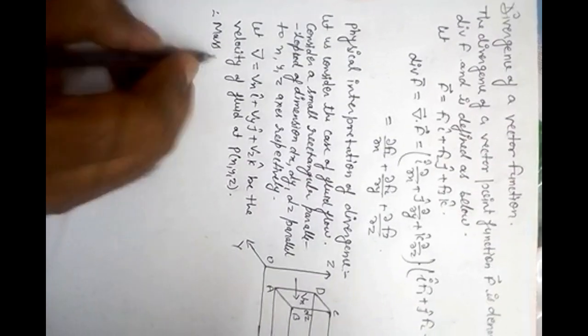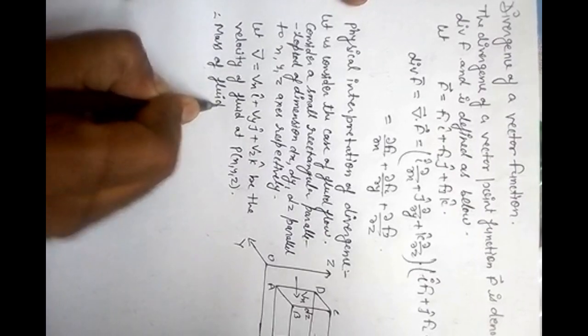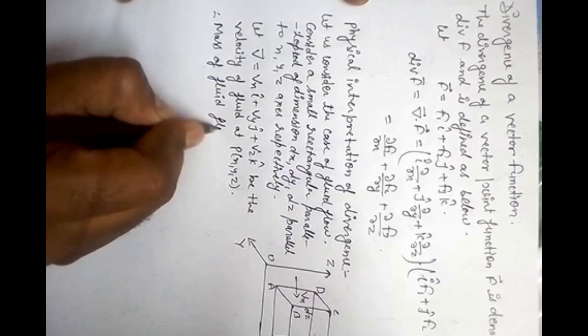Now, mass of the fluid flowing into the face ABCD in unit time is equal to velocity into area of face, which is equal to Vx dy dz.